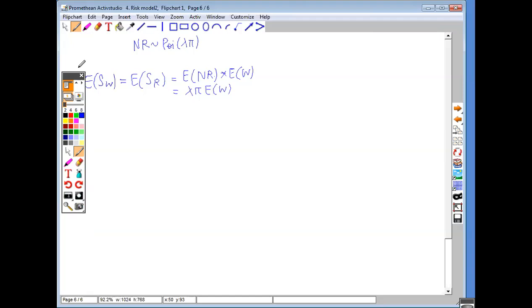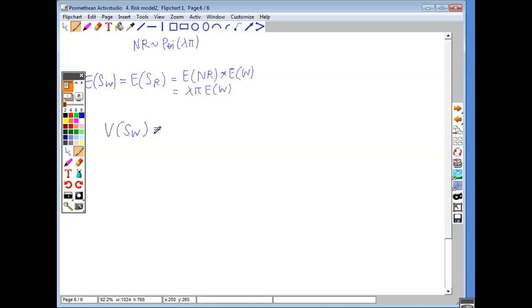Thank you very much. So let us now try to write the variance of the reinsurer's claim amounts. So the aggregate claim amount. So what I will have here is variance of SW. Okay, so what was the formula for the variance? Maybe let us write it in terms of all the expectations and everything else as well, right?